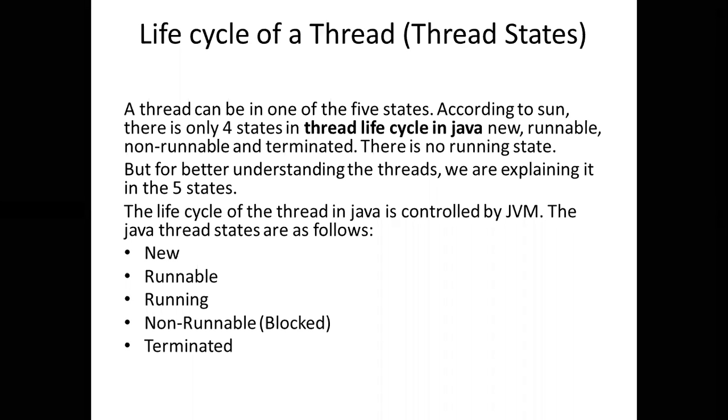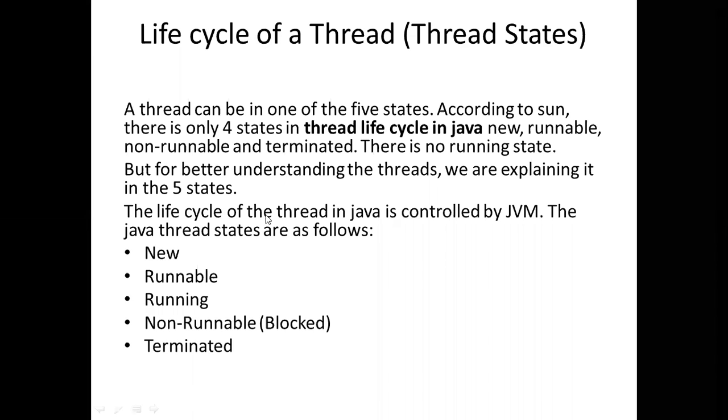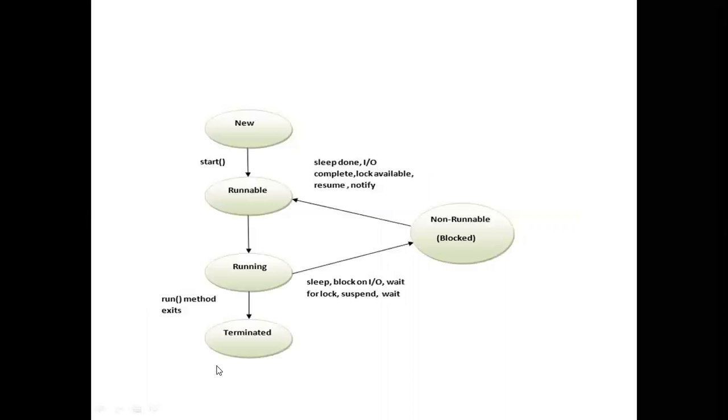All these states are controlled by the JVM itself. So we have the new state, runnable, running, non-runnable, and terminated. We will just review all these states. We have a new state over here.